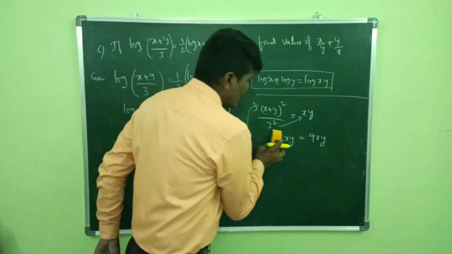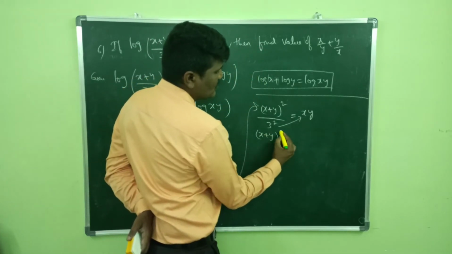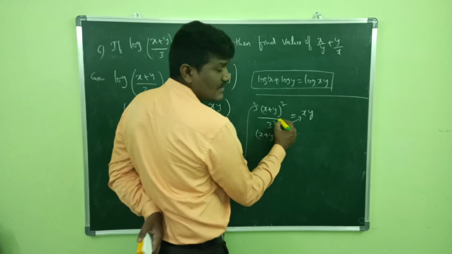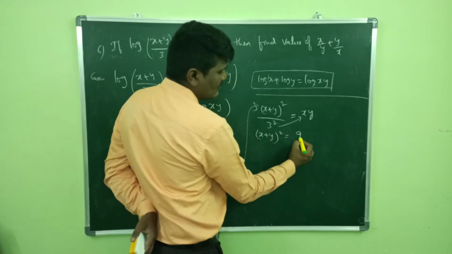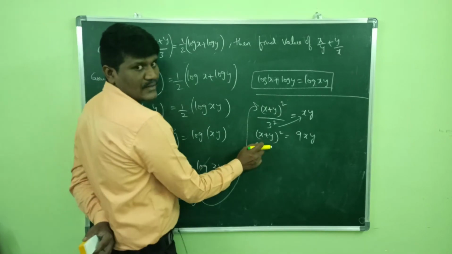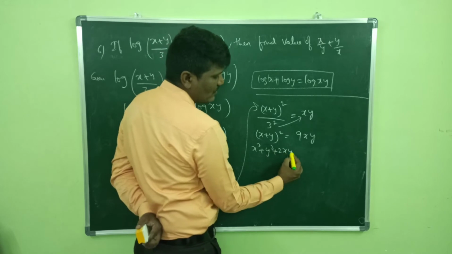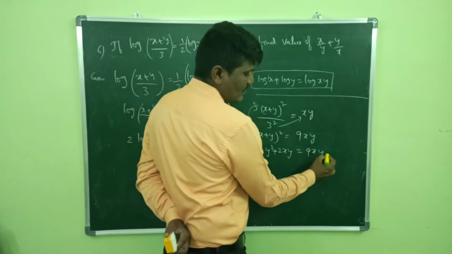Or else if you are having any doubt, simply write x plus y whole square is equal to, while sending this 3 square to that side, it will become 9xy. Now you expand: x square plus y square plus 2xy is equal to 9xy.